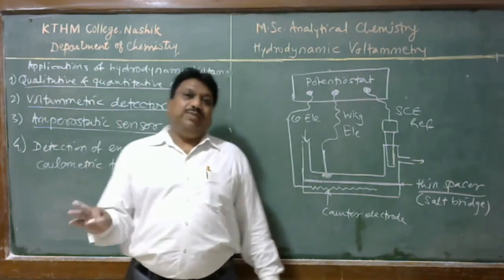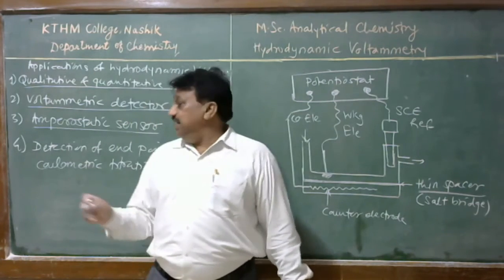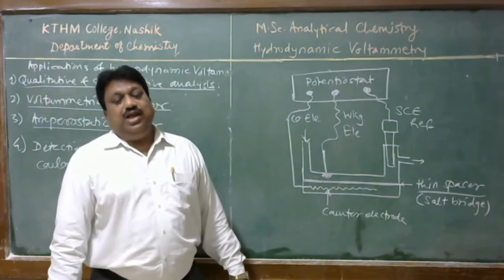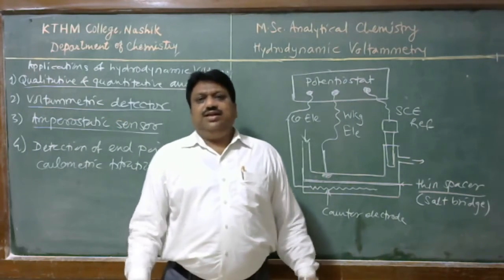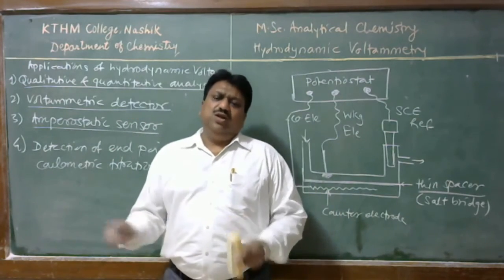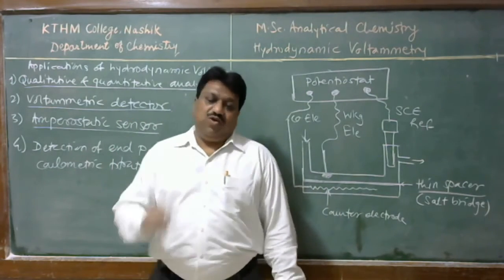Therefore, here hydrodynamic voltammetry can be used as a detector for detection of the endpoint in a coulometric titration. The same hydrodynamic voltammetric cell is used for determination of this endpoint.